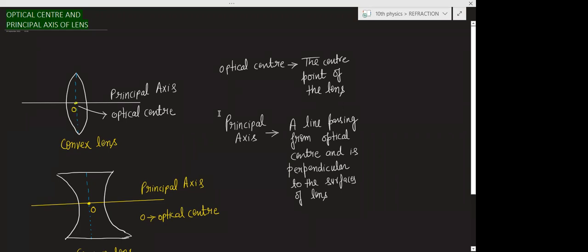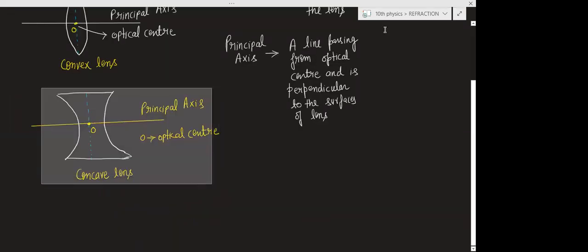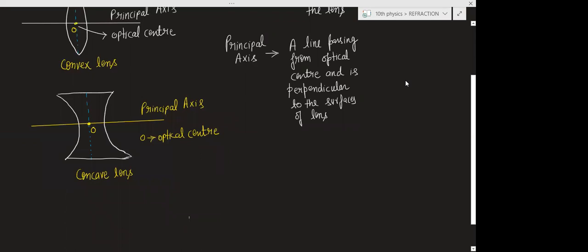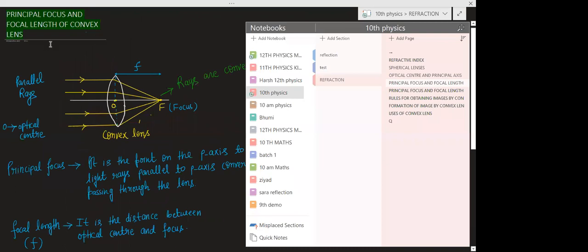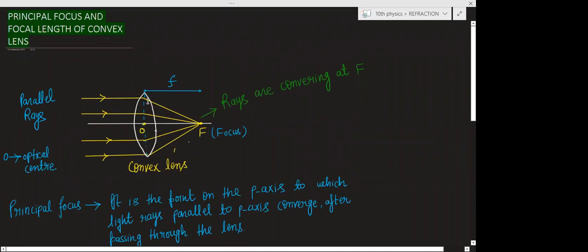Same is the case for the concave lens. And after that, I have discussed the focus and the focal length for the convex lens. So you can see here the rays are parallel to the principal axis.